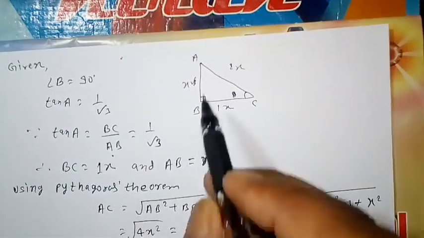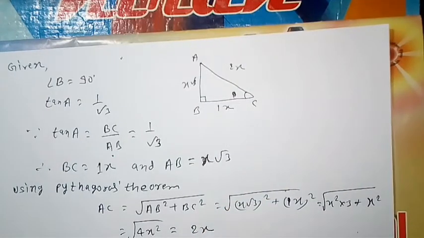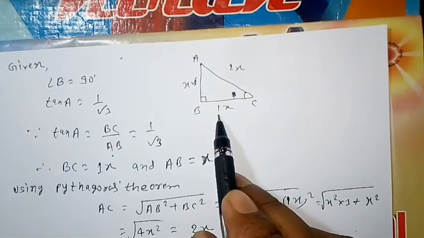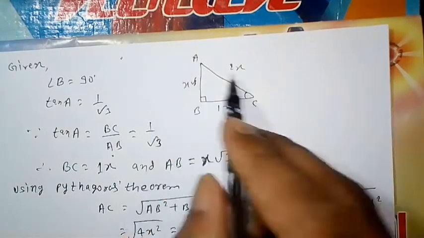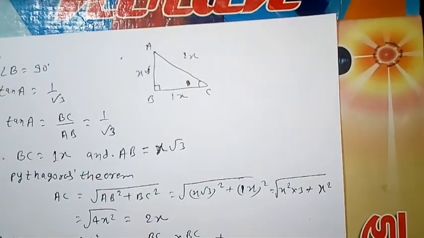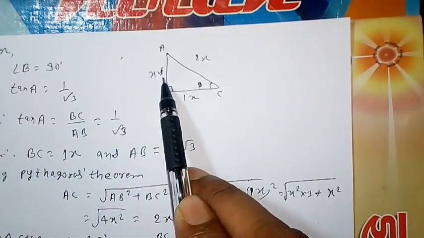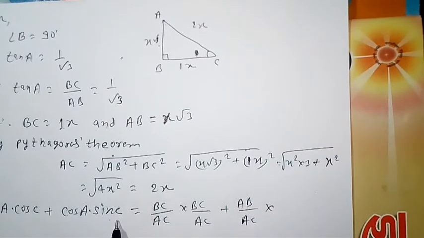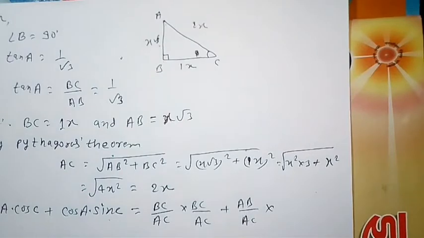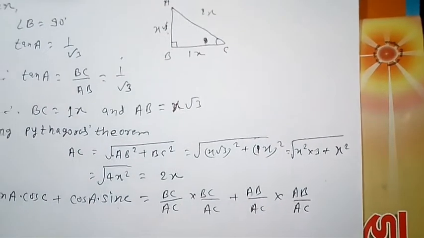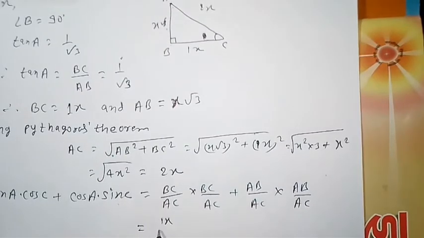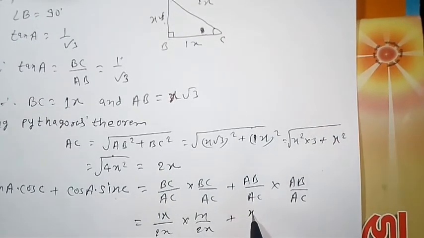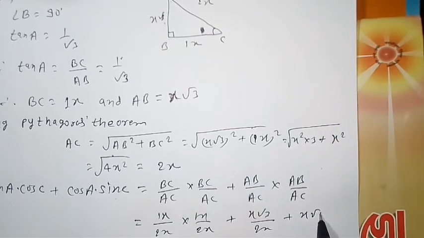For A, sin A is equal to perpendicular by hypotenuse, it means BC by AC, into cos C, base by hypotenuse, for C base is BC and hypotenuse is AC, plus cos A, base by hypotenuse AB by AC, into sin C, perpendicular by hypotenuse AB by AC, is equal to BC 1x by 2x into 1x by 2x plus x root 3 by 2x into x root 3 by 2x.